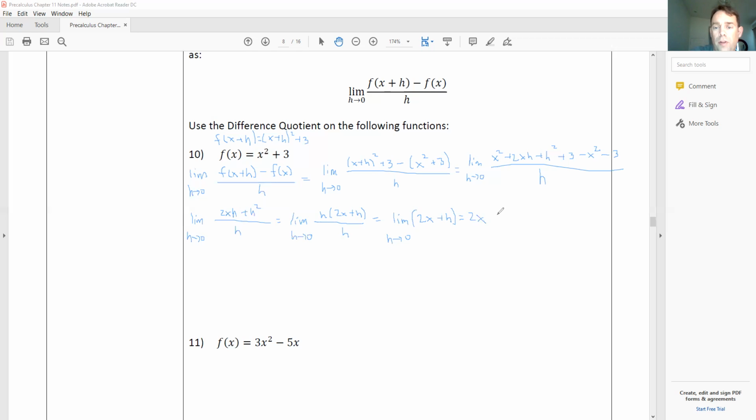All right, so 2x plus 0 equals 2x. Right now you might think to yourself, okay, what are we going to do with that? Well, we will eventually do something with that in a couple of days. But for the time being, we just want to get used to this idea of doing a limit with the difference quotient.